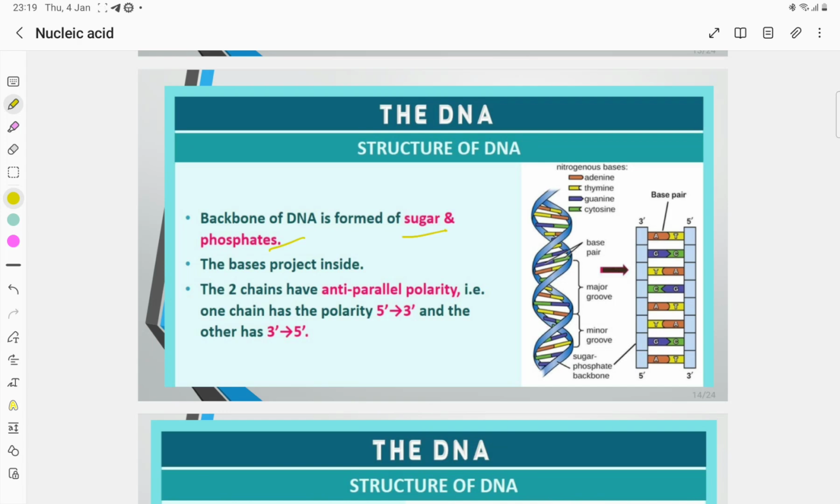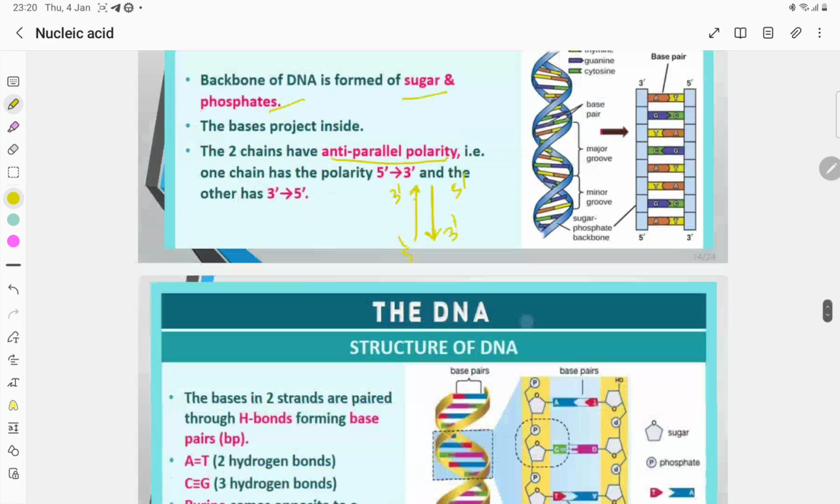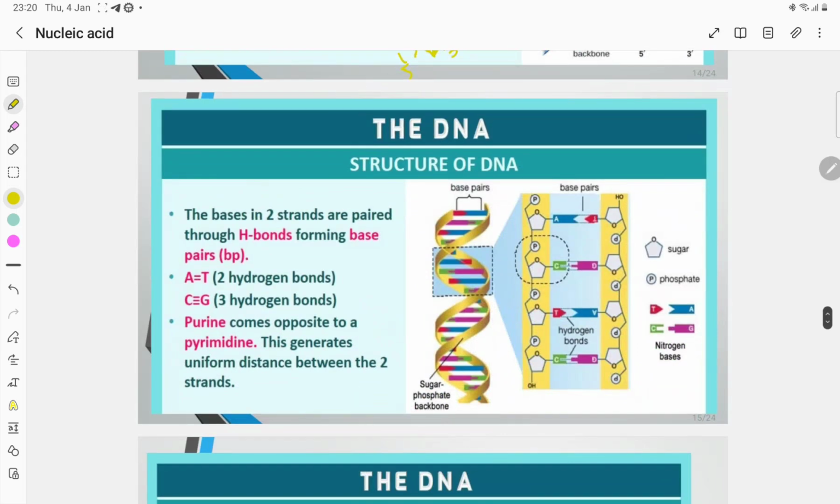Another important thing: in the DNA, the two polynucleotide chains move opposite to each other. That is called anti-parallel polarity. That means one is going in this direction, another in this direction. So one is 3' to 5', and this is 5' to 3'. Look at the picture.